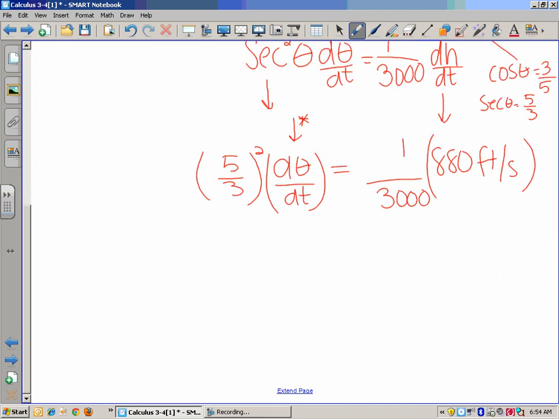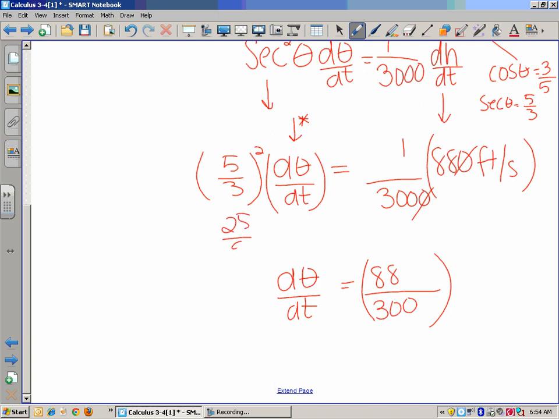So now this to me is super easy, because I'm just going to flip and multiply. So I'm going to get rid of some zeros here. And so over here I have 88 over 300, and I could simplify at this point, but I'm going to leave it for right now. And then I have d theta dt, and I'm going to take this, which was 25/9, and I'm going to multiply both sides by 9/25.